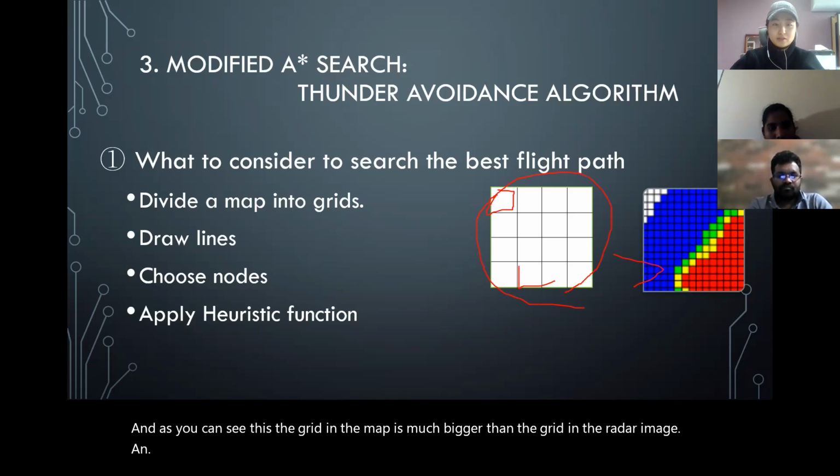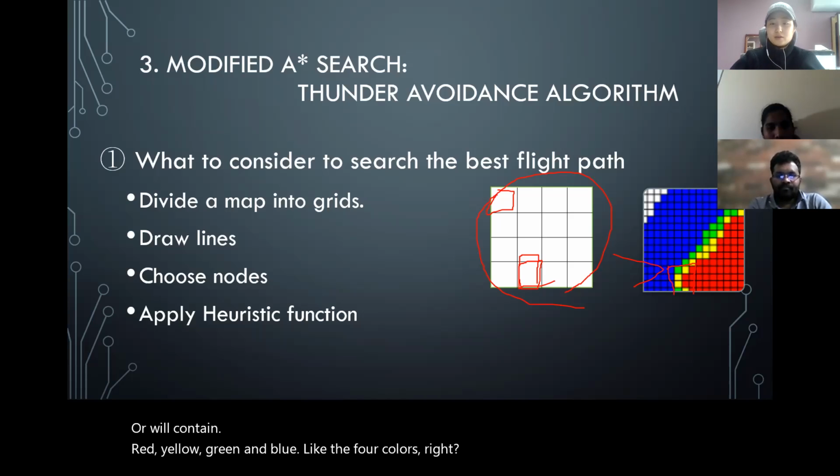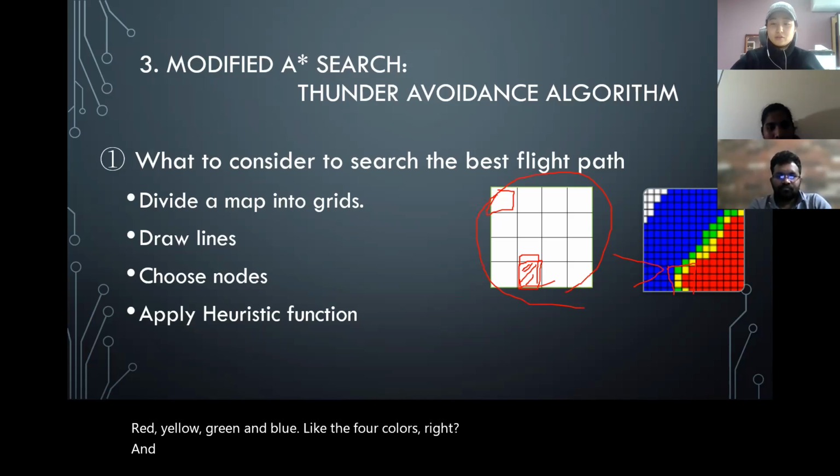For example, this red box will contain red, yellow, green, and blue, the four colors, right? And this box will be colored red because red represents the most intense value.